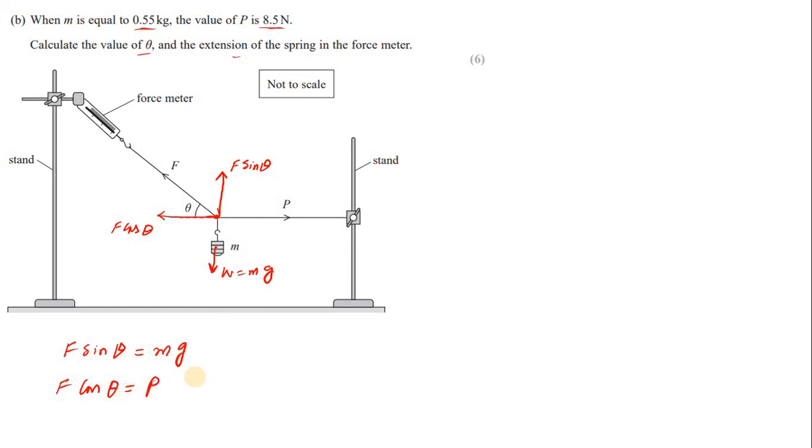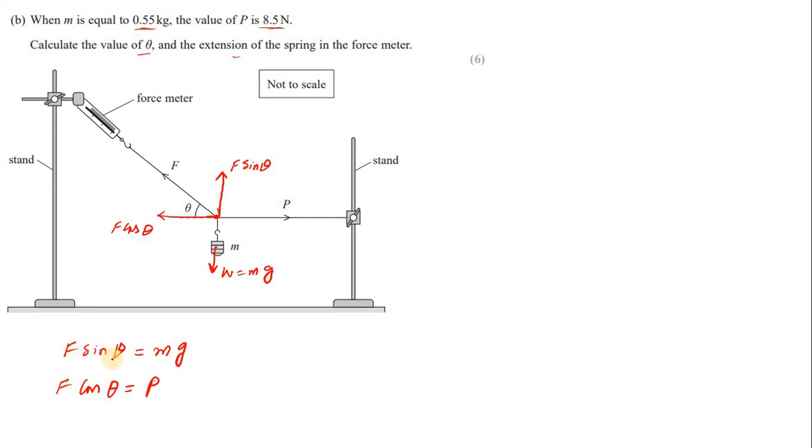Again, this is a typical question of finding an angle in case of vectors. Generally, if angles need to be found, and we have two equations involving sine and cos, like F sine theta and F cos theta, the idea is we divide these two equations, so the coefficient gets cancelled.